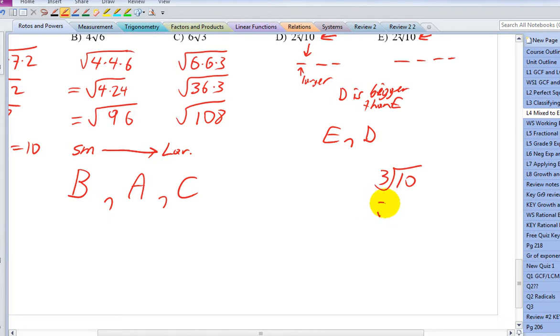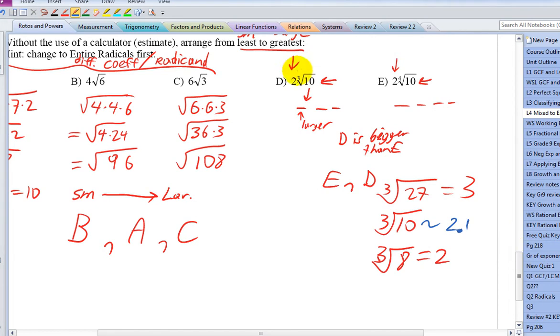8. Cube root of 8 equals 2. And what's above it then? 27, cube root 3. So this guy is going to be about what? Maybe 2.1. Something like that. So what we have right here is 2 times 2.1, which is going to be like 4.2.